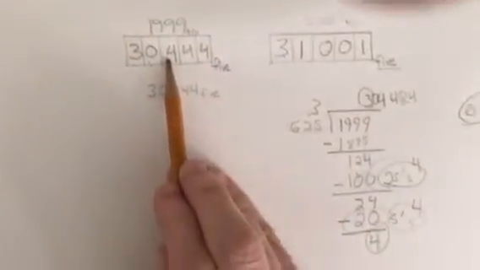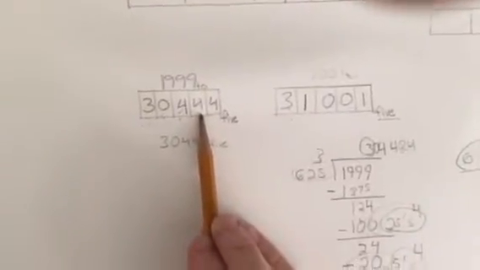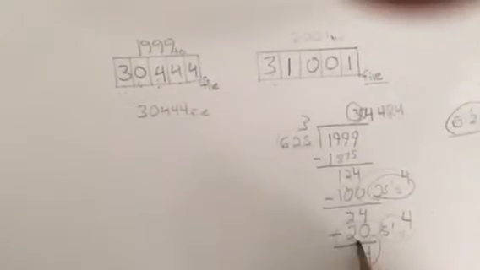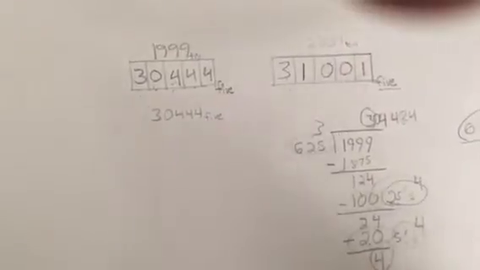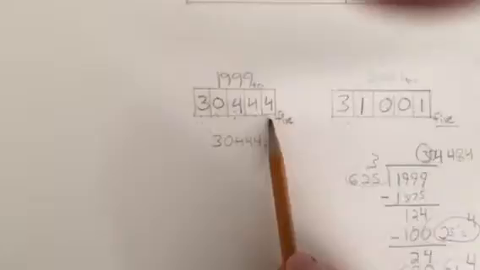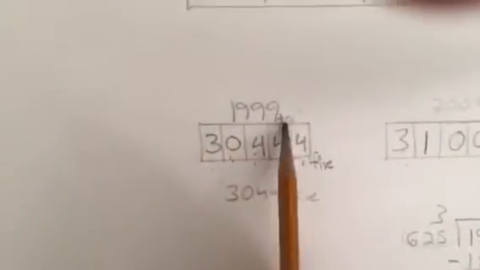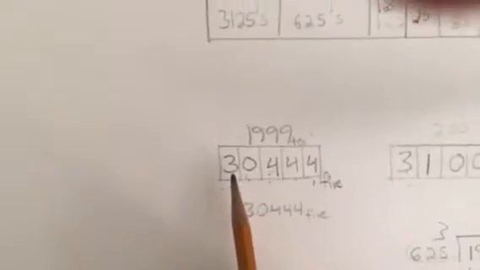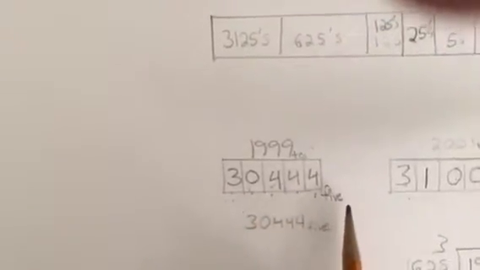So you write 4 in the bundles, 4 in the longs, and then you write 4 ones in the ones place. So the number 1999 in base 5 is 304445.